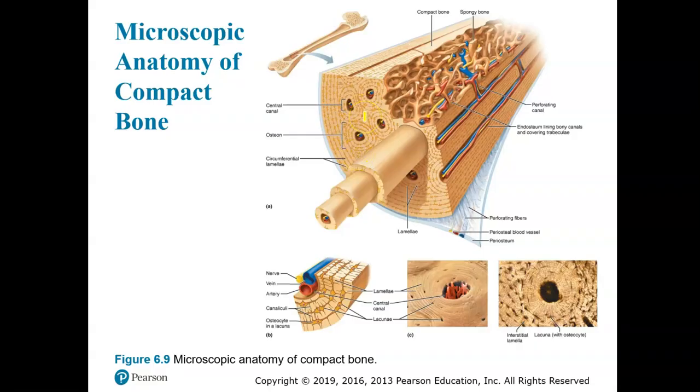This would be interstitial lamellae. And then we have lamellae around the outside of all the osteons, called circumferential lamellae. You can also see the central canal, or Haversian canal, of the osteons. And then you can see the canals that run perpendicular. They're called perforating canals.